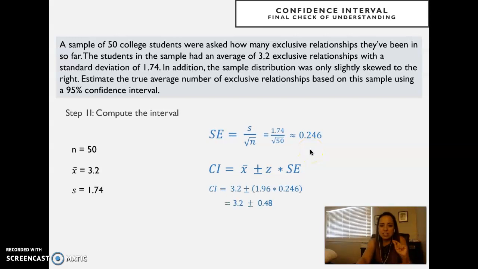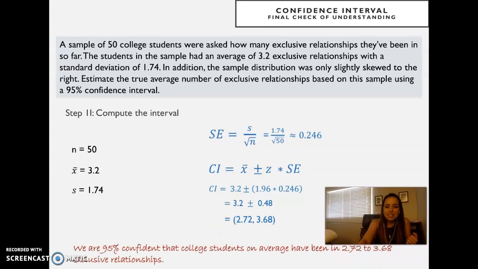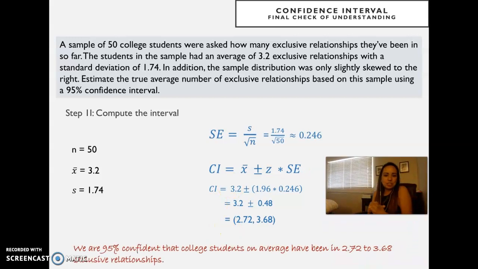So here is the confidence interval that if we simplify, 3.2 plus or minus 0.48. So we would say that with 95% confidence, the number of exclusive relationships that college students have been in will vary between 2.72 and 3.68. So that's the interpretation right there.